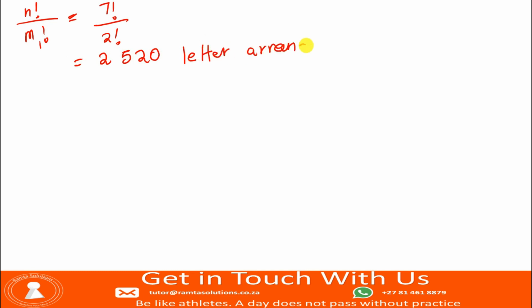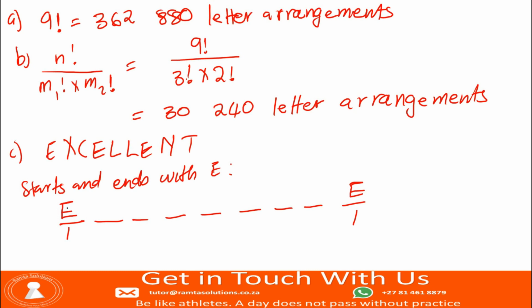Okay, letter arrangements. The reason why I didn't use the counting principle is because the L's are repeating, so it was going to take a different form. If you used the counting principle, you would say 7, 6, 5, 4, 3, 2, 1, which is not really the case because the L's are identical.